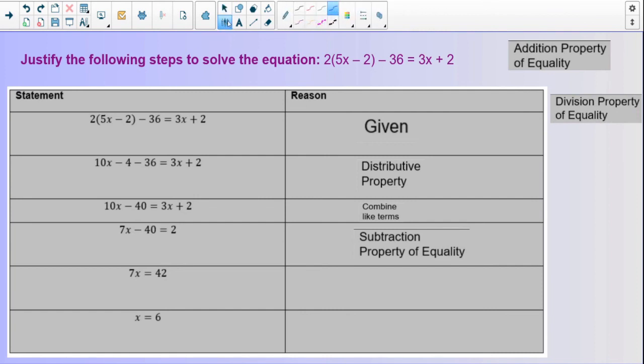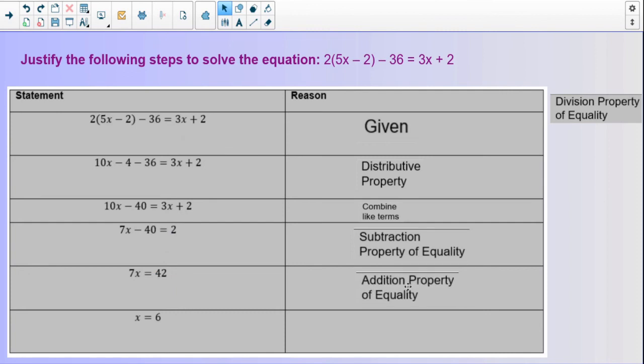All right, as we get towards the end here, it starts getting a little bit easier to see the changes. The next change here, we had a minus 40 here. It looks like we added 40 to both sides, plus 40, to get that 42 down here. So this is just the addition property of equality. We added 40 to both sides.